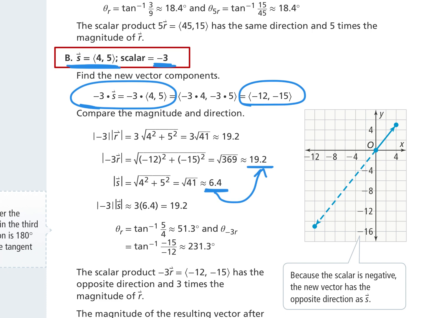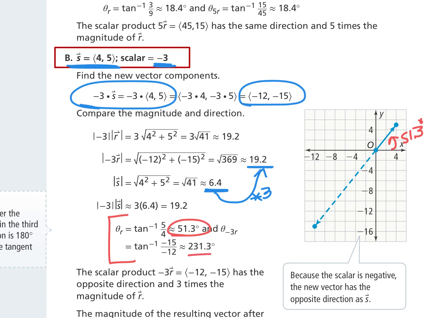And so this is just a scale of 3 multiplying the original magnitude. However, because there is a negative involved, that means we're going to be changing direction. And again, we're going to be using tangent, so it might be helpful for you to write down these numbers right here. The original direction was 51.3 degrees, and I would note that in your diagram.